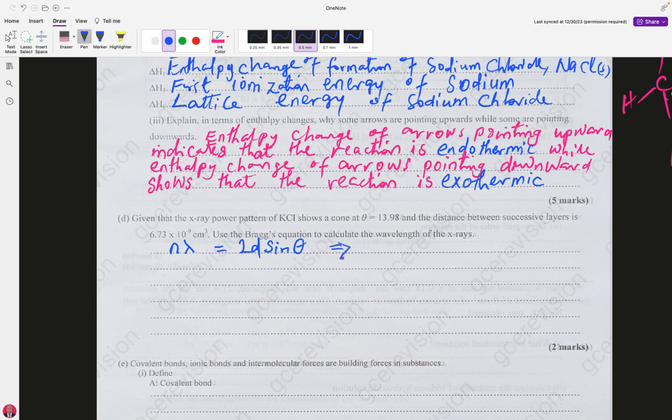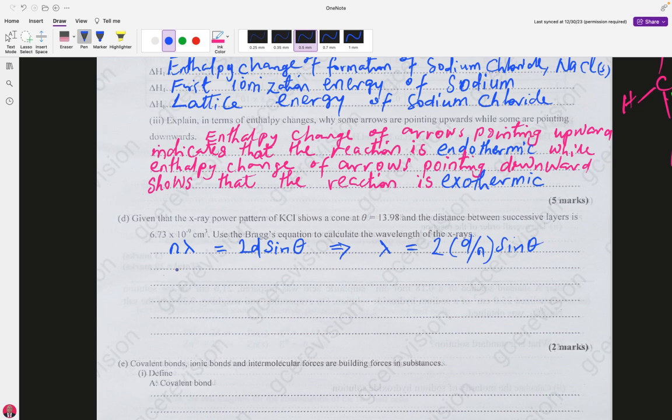If we make the wavelength the subject, lambda is going to be equal to 2d sine theta all over n.